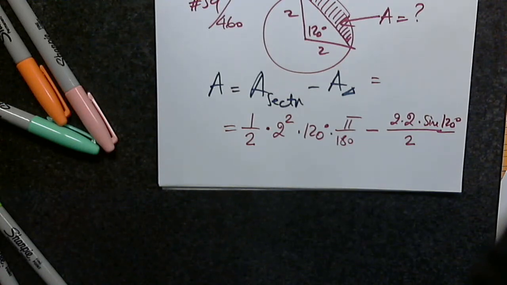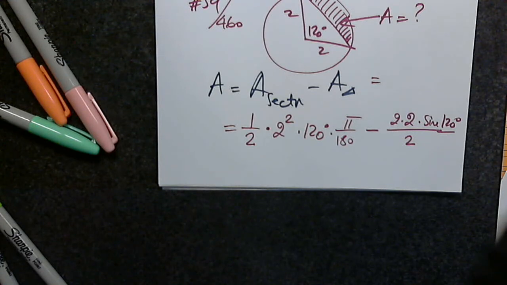So I'll do this in one step. 2 squared over 2, so I have just 2 at the top. 2 multiplied by 120 multiplied by pi and divided by 180.